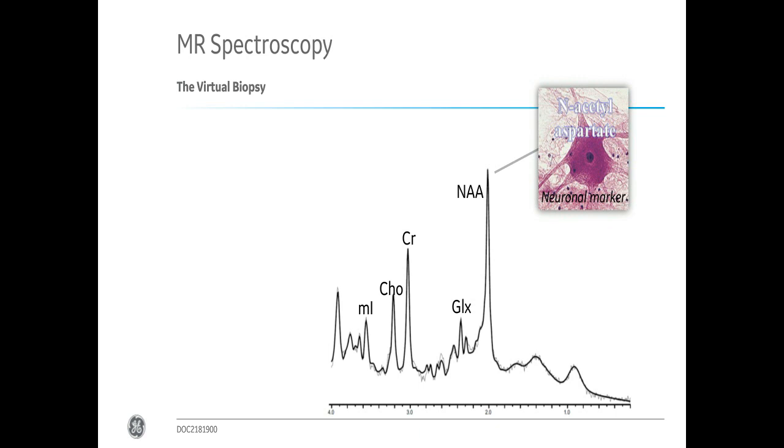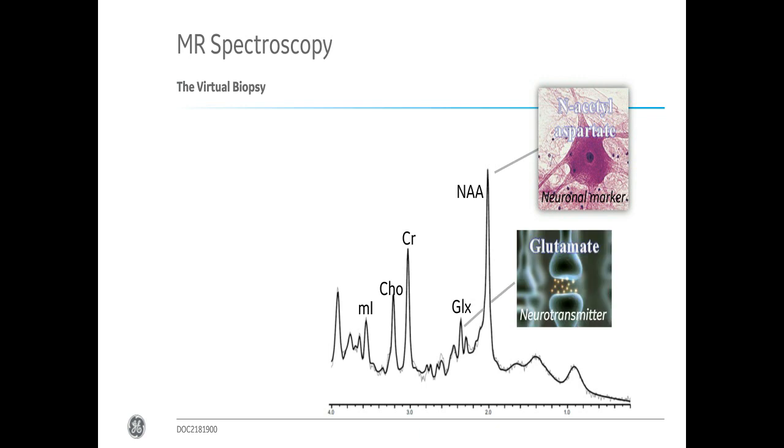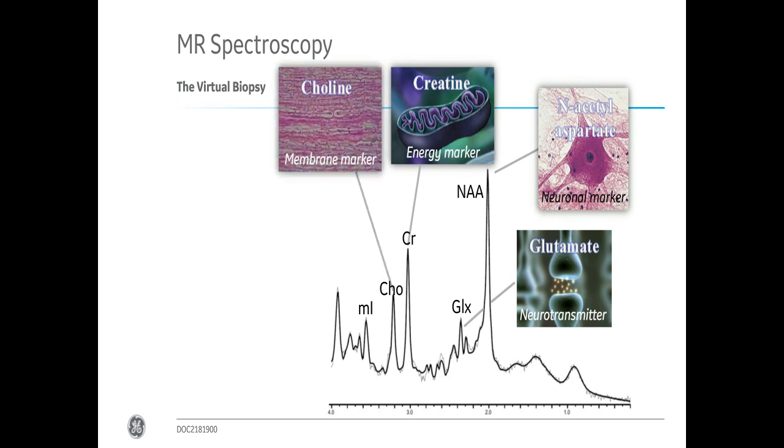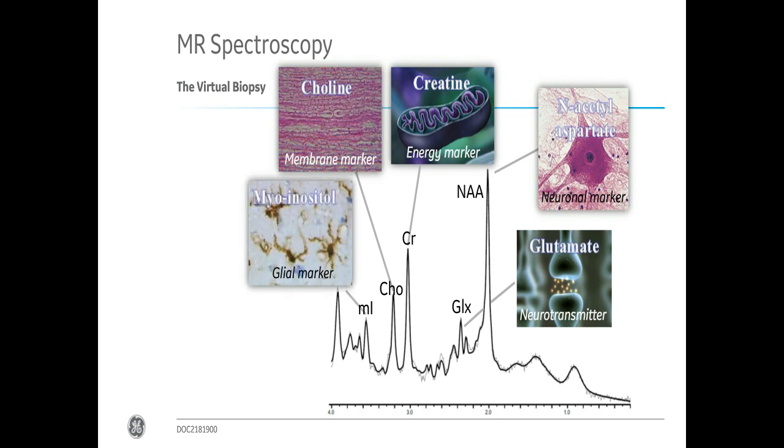The major one at 2 ppm is N-acetyl aspartate as a neuronal marker. We have glutamate as a neurotransmitter, creatine as an energy marker, and choline as a membrane marker. And finally, of the major 5, I'm concentrating today on myoinositol as a glial marker.